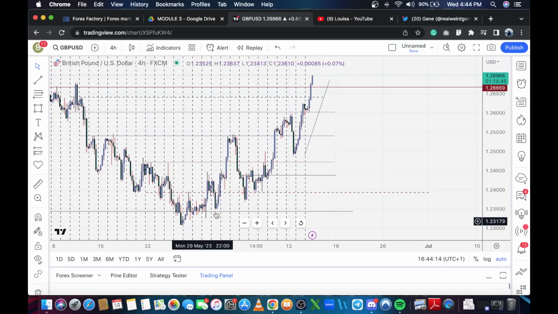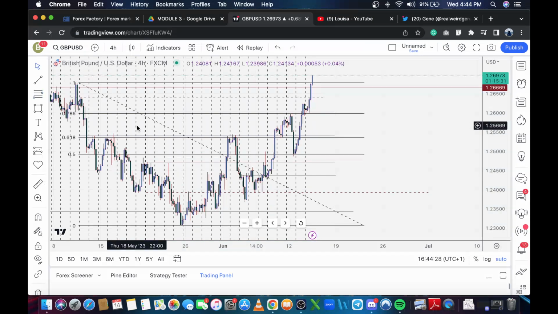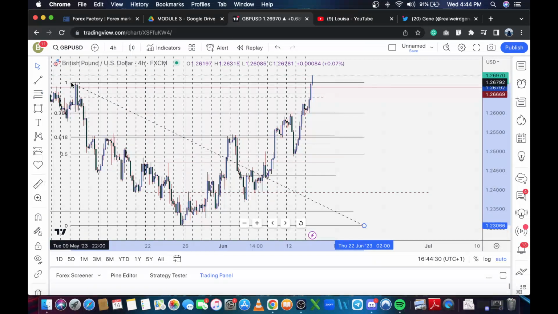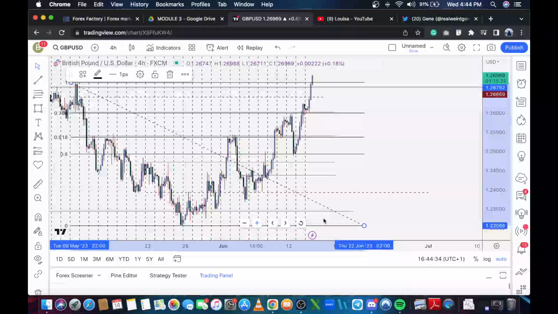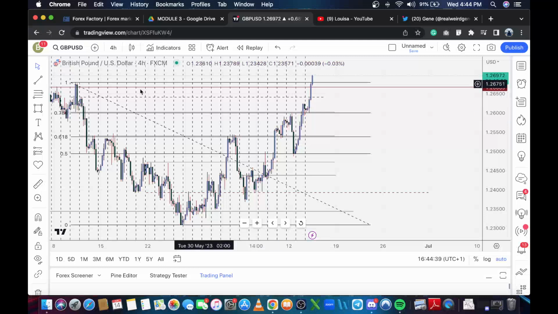Now, why did we see so much of a retracement here? That's because we were trading at the equilibrium of the overall trading range. From that high to the low here, this is equilibrium.